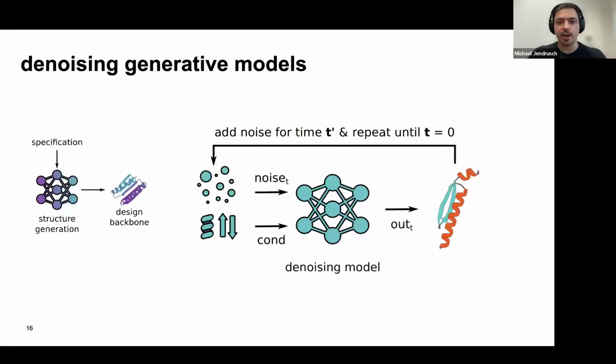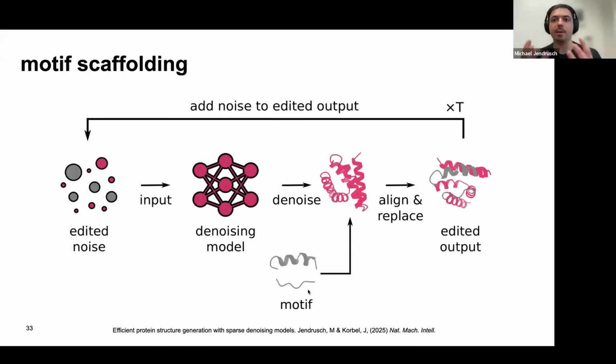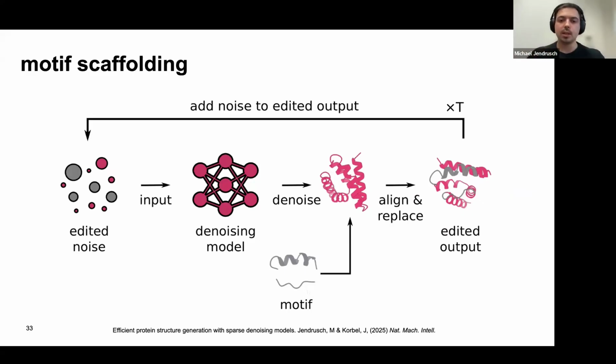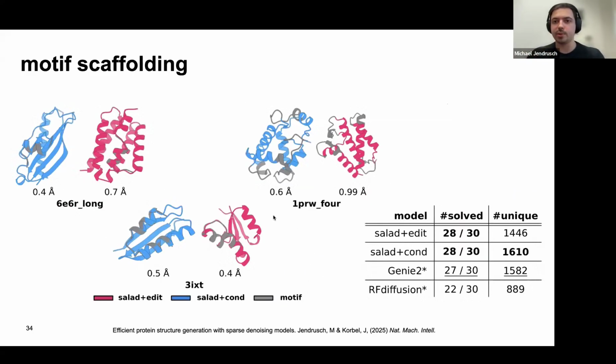And then you go back to a motif scaffolding like approach. Now imagine this motif here is your theozyme, and you graft this theozyme into a backbone. So in the end, it's very similar to what we do here. And the types of things that are checked before ordering this enzyme are also very similar, because what is usually checked is if the geometry of the theozyme, the geometry of this theoretical active site, is matched by the designed protein.